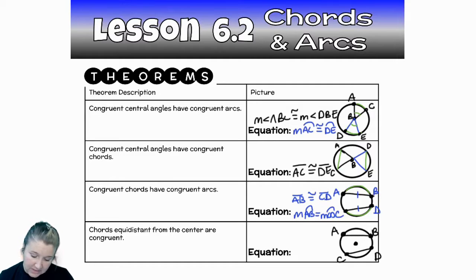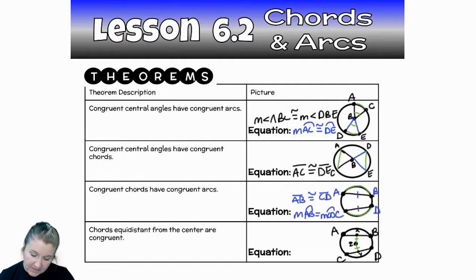If those two distances are the same, then AB is congruent to CD. So I need where this intersects at. I'm going to call this X and this one Y. And this center will be Z.